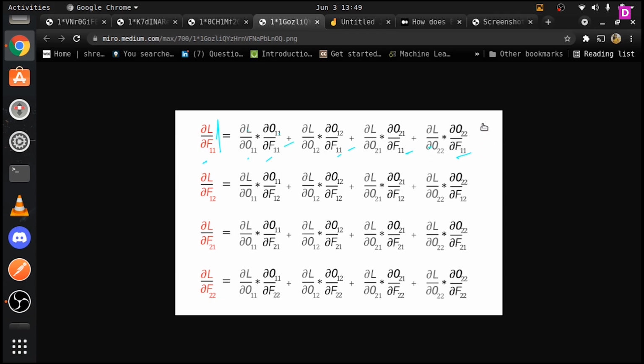This is how we get the value for filter 1, and then the differentiation for filter 2. Then, if you are using gradient descent or something like that, for the next filter, F11 new will be equal to F11 old minus eta times the differentiation of loss with respect to dF11.